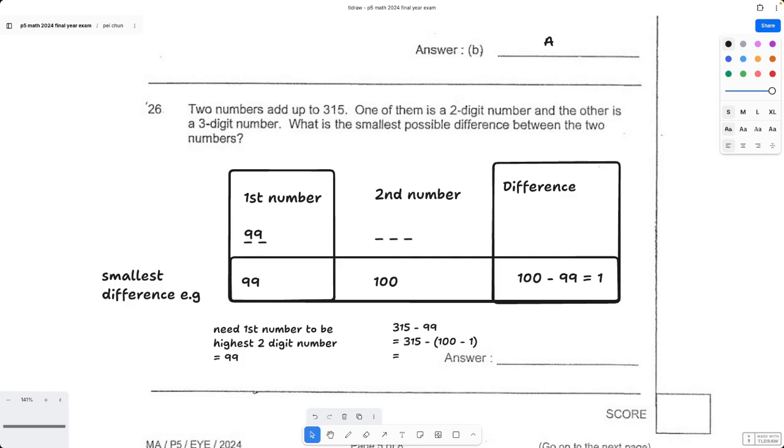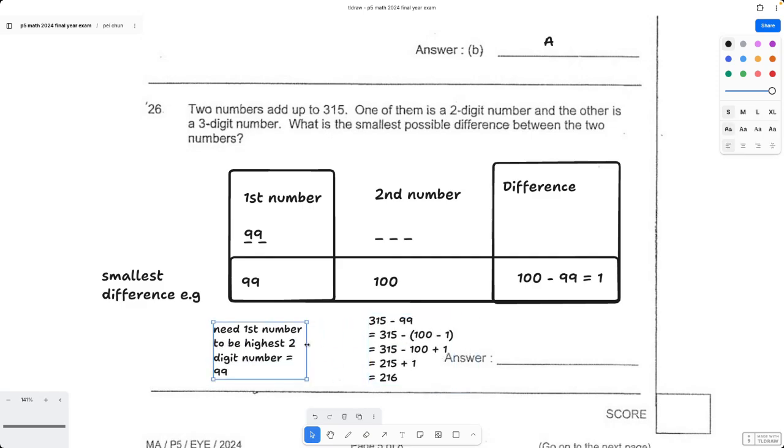Okay, so that means 315 minus 100 plus 1, which is equal to 215, plus 1 is equal to 216 over here, okay, right?